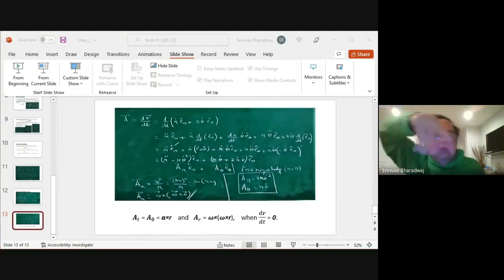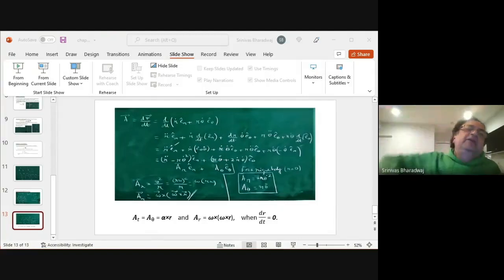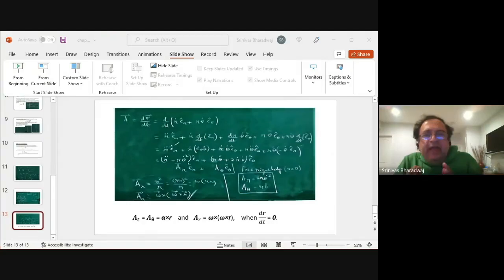It is a result of a turning force, a screwing force, and that produces an angular acceleration, alpha cross r. That is called AT, tangential acceleration. So AT is alpha cross r. You have the tangential acceleration and you have a radial acceleration.